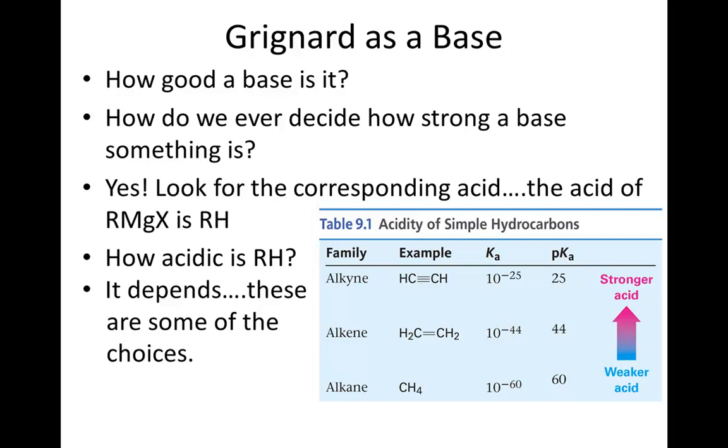If you had a vinyl, remember I said Grignards could be prepared even from vinyl halides. Well, that one is not quite as strong a base as the alkane type Grignards, but also very strong, and neither of those is quite as strong a base as a terminal alkyne anion. So they are very, very strong bases.